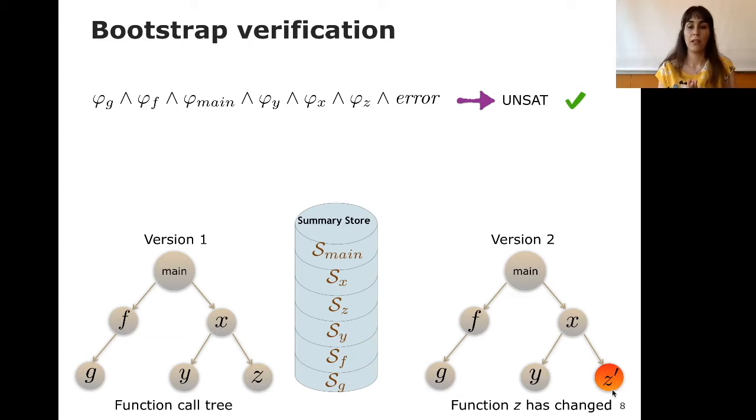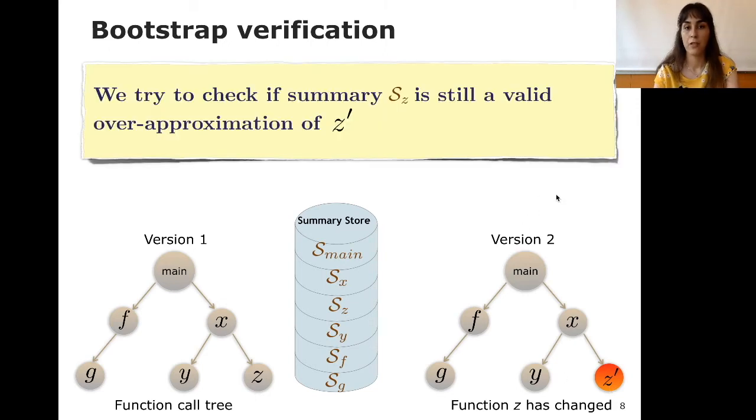Here, ideally, we would like to check if the old summary of Z is still a valid over-approximation of the newly changed Z. Instead of verifying the second version from scratch, if we manage to check this validation, then we can conclude that the second version is also safe.